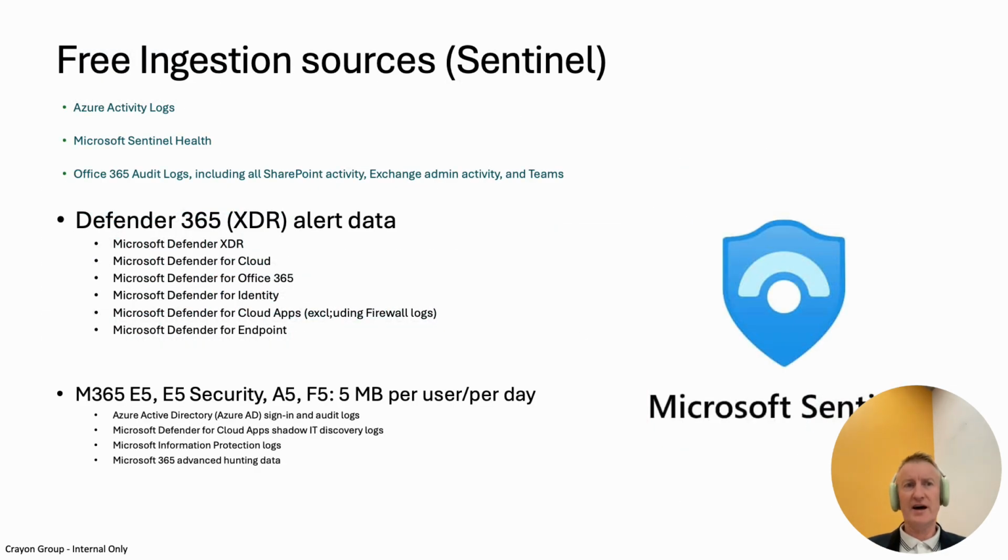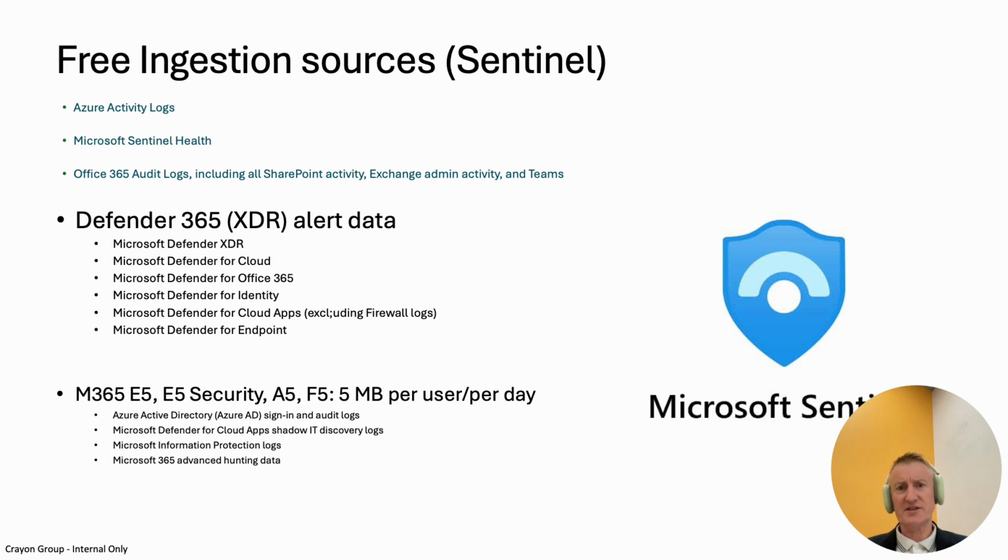So there are free ingest sources for Sentinel as well, and I've highlighted some of these here. Now, they may be 30 days or 90 days. This you should check before you turn on Sentinel, but things like your Azure activity logs, as you can see, Sentinel Health and Office 365 audit logs are able to be ingested into Sentinel.